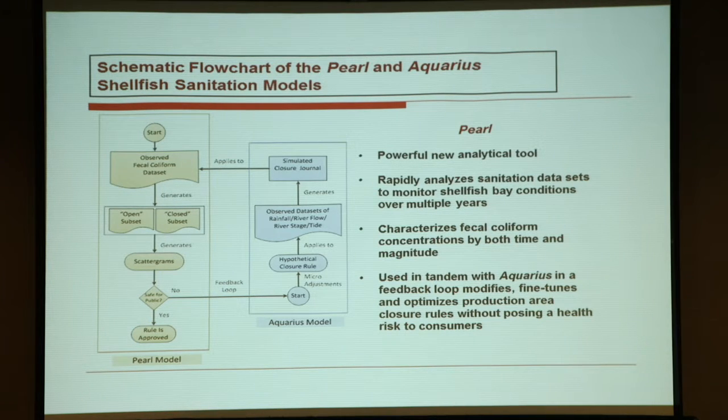If you switch to the bottom left or bottom right, if the results show that you can change the closure rule, Pearl uses the Aquarius algorithm in a feedback loop to modify, fine-tune, and optimize the closure rule without posing risk to the consumers.